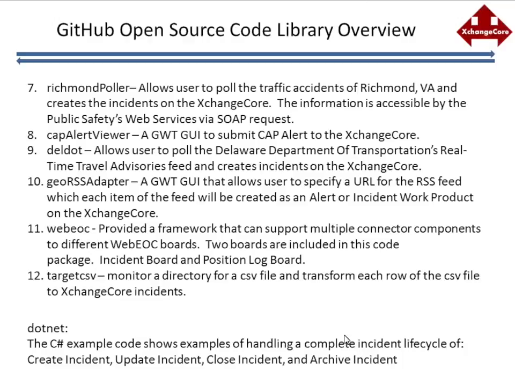We have a GRSS adapter, which is a very flexible tool, GUI-based, that allows you to identify GRSS URLs and add those, type those in to the GUI, and then create incidents or alert work products on an XchangeCore. Very helpful. A lot of folks have GRSS feeds these days.